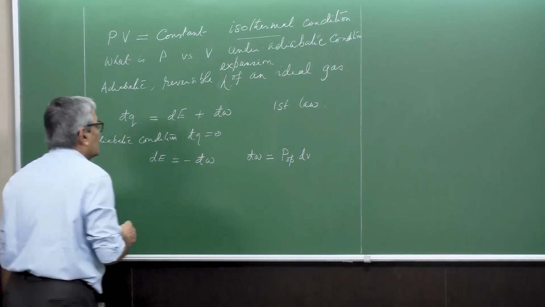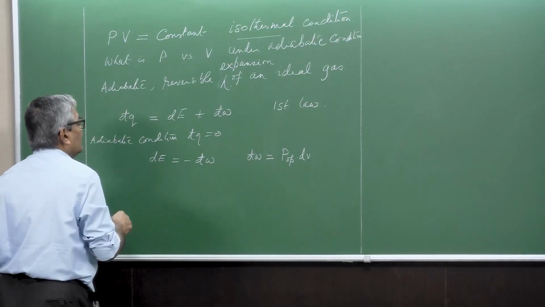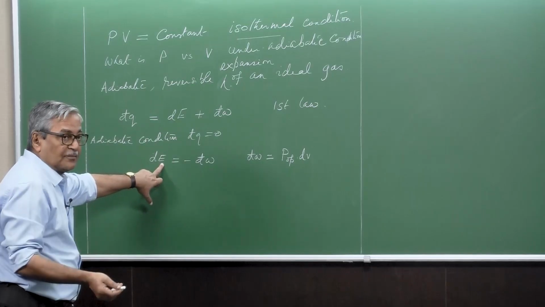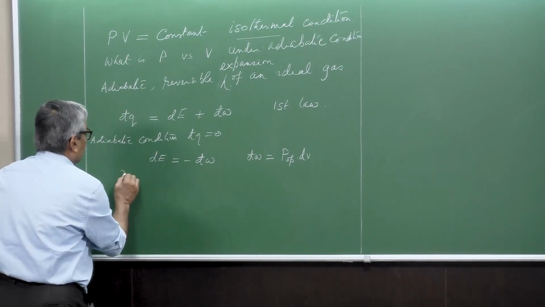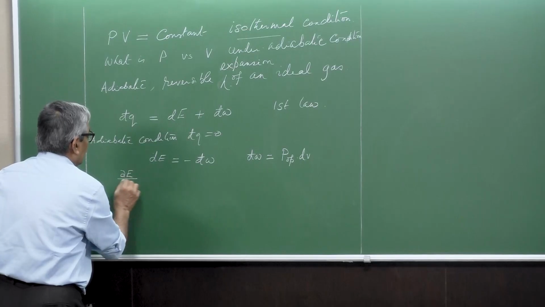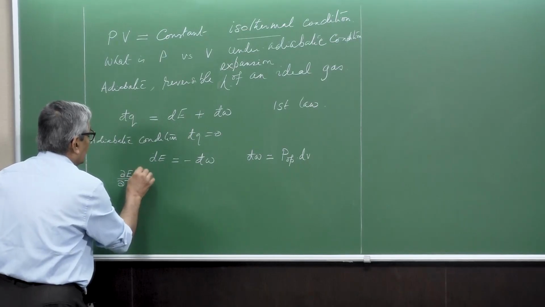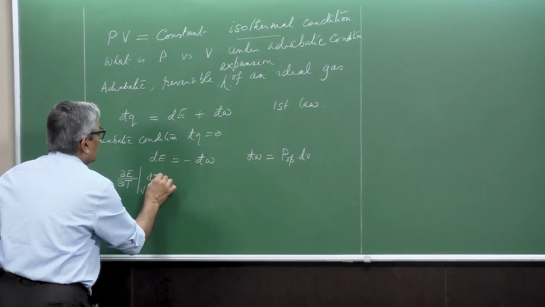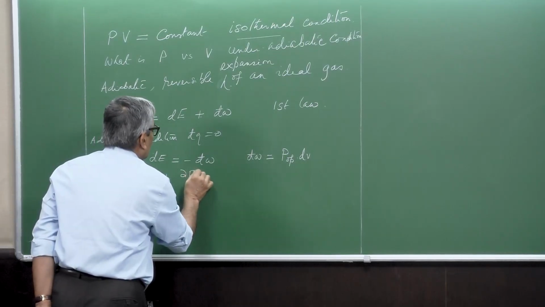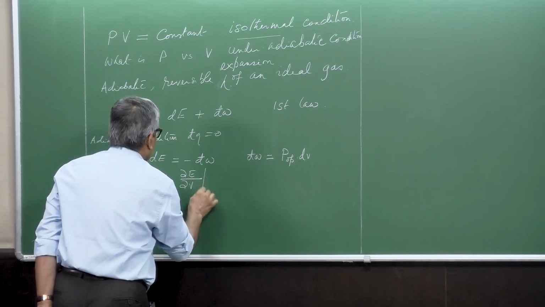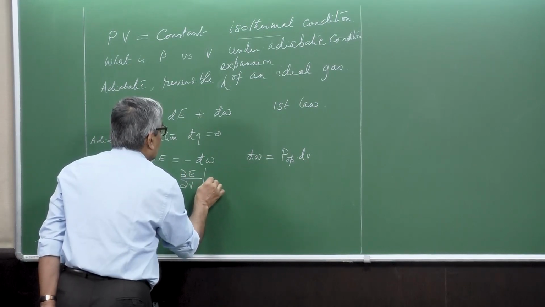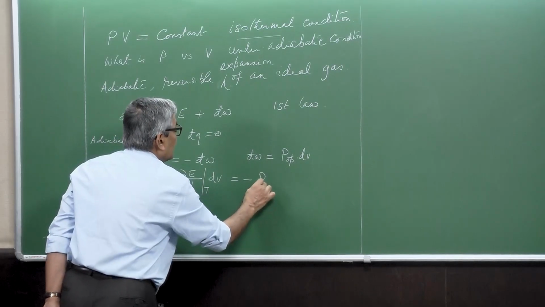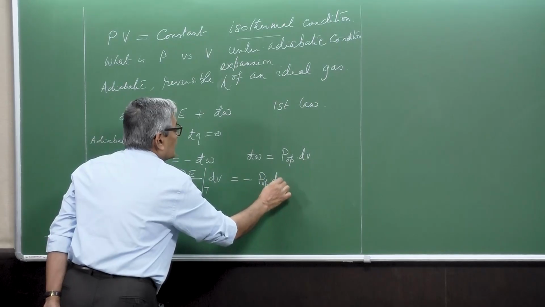Now dE is something that we can express as a function of temperature and volume. So this is del E by del T at constant volume times dT plus del E by del V at constant temperature times dV, that is equal to minus P opposing times dV.